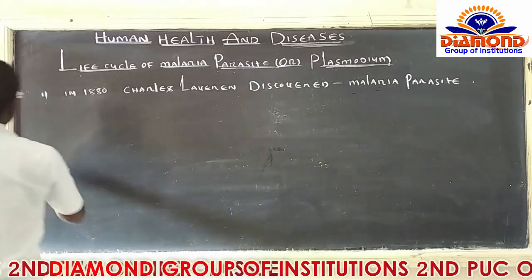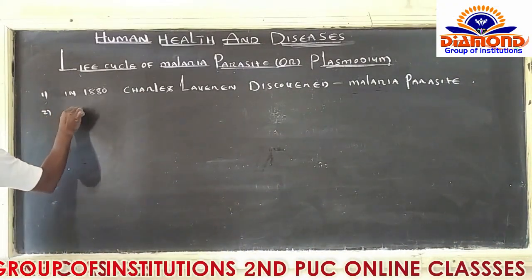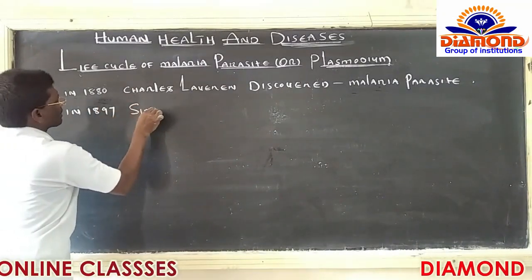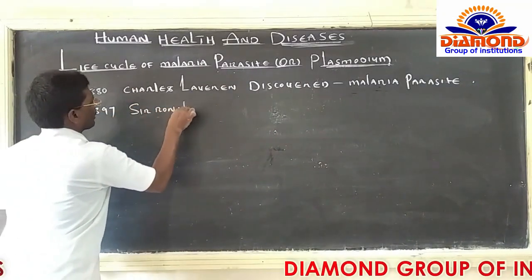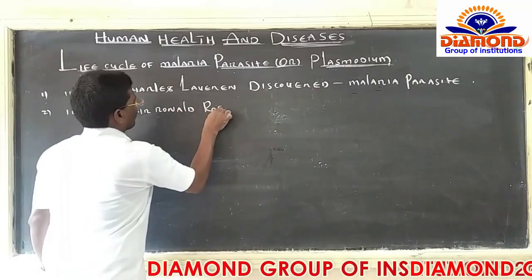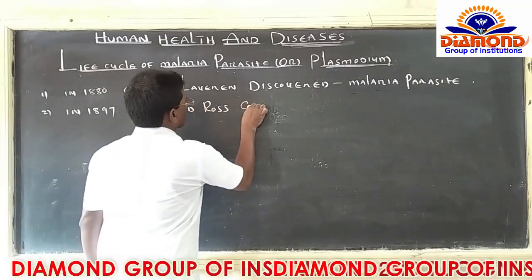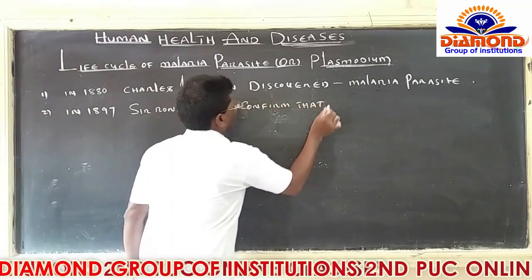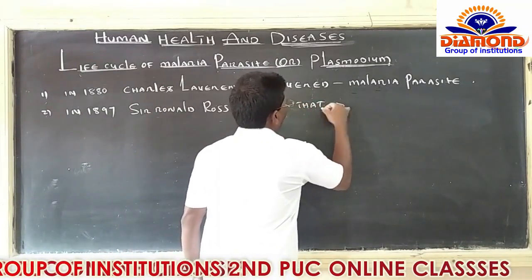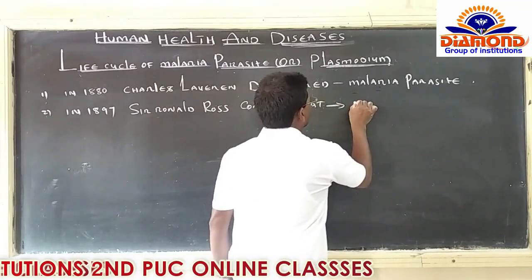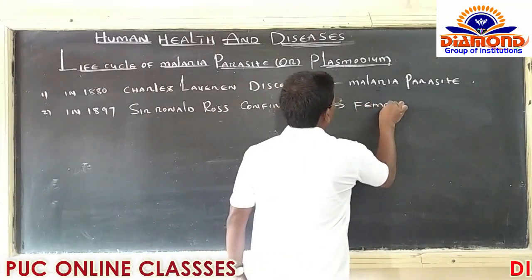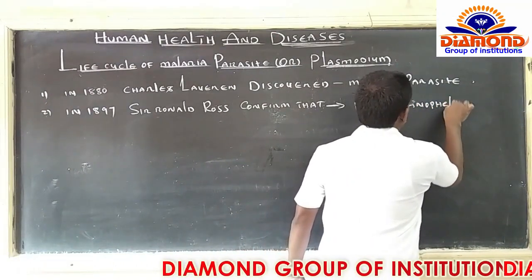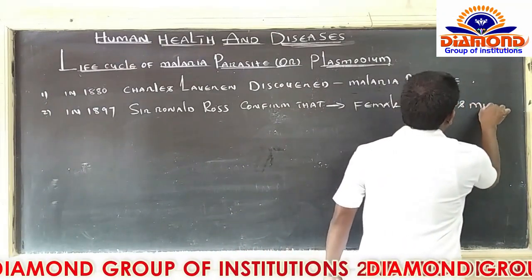Number 2, in 1897, Sir Ronald Ross confirmed that malaria disease can be transmitted by the female Anopheles mosquito.